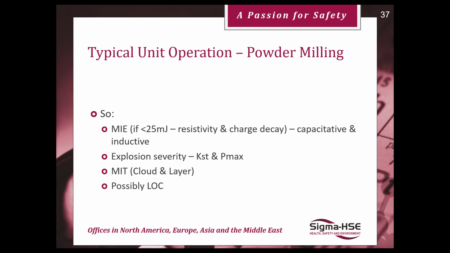We have KST and Pmax, so we can either make the mill capable of handling those pressures, containment, or we can vent them. Ignition sources from electrostatic means can occur, so we need to know our MIE. And again, we could, if we wanted, work under inert atmospheres.